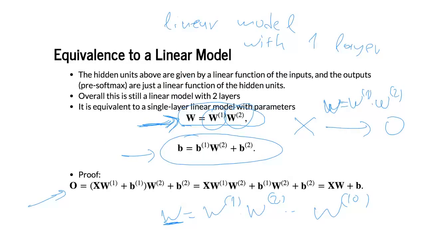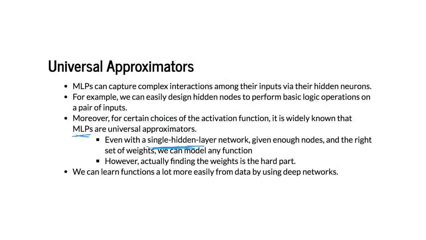So an MLP with a finite number of hidden neurons can approximate any continuous function to reasonable accuracy, under certain conditions for the activation function. So with a single layer MLP, from X to H to O, we can approximate any function f, whereas with a linear model we could only approximate a linear function.